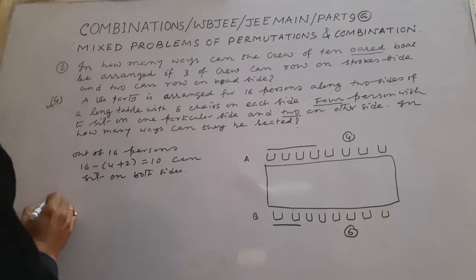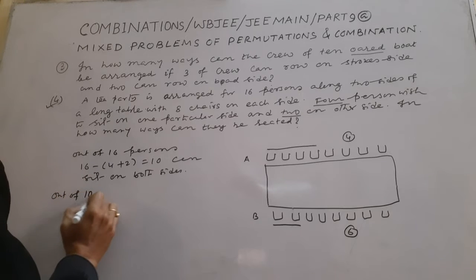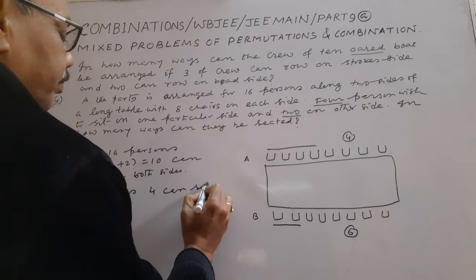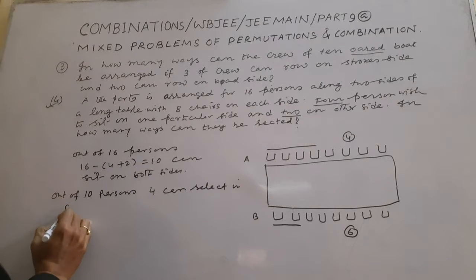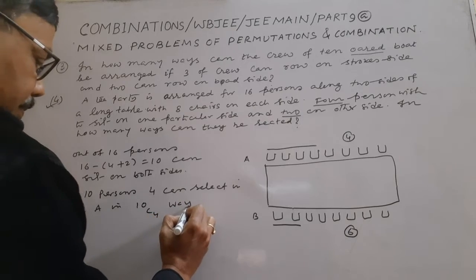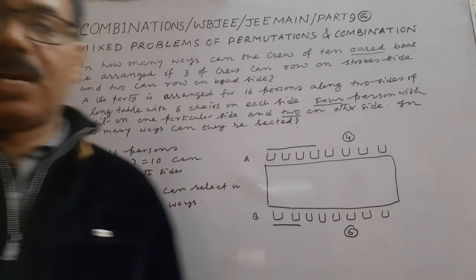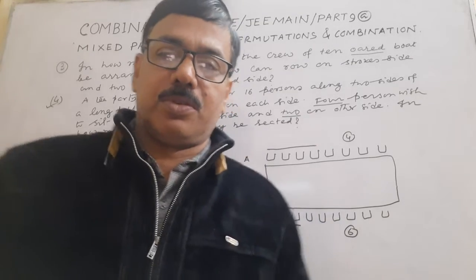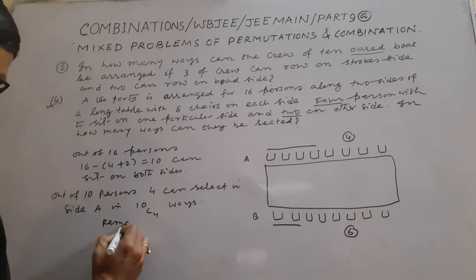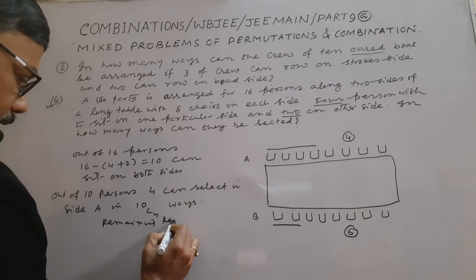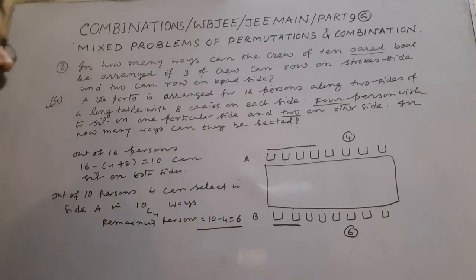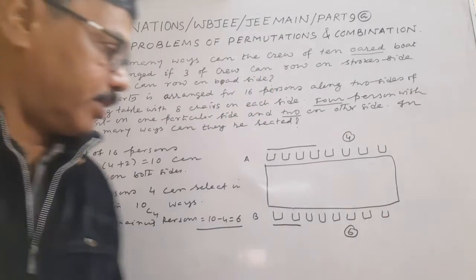So out of 10 persons, 4 can be selected for side A in 10C4 ways. Out of 10, we have selected 4, so 10C4 ways. The remaining persons, 10 minus 4 equals 6.